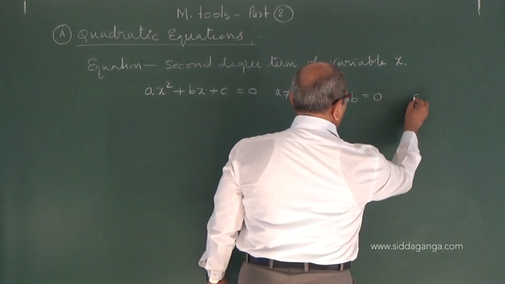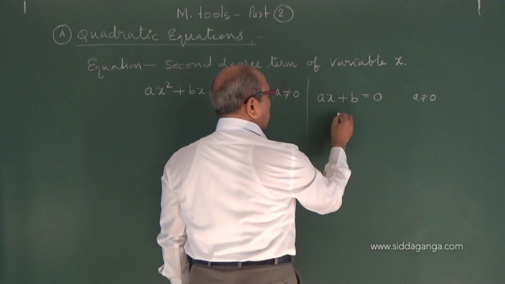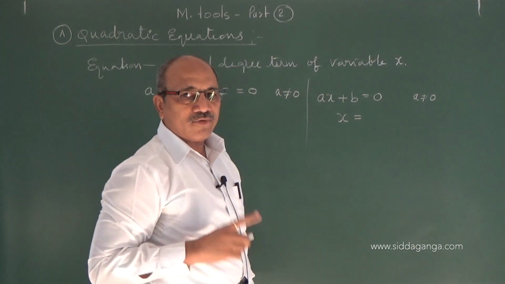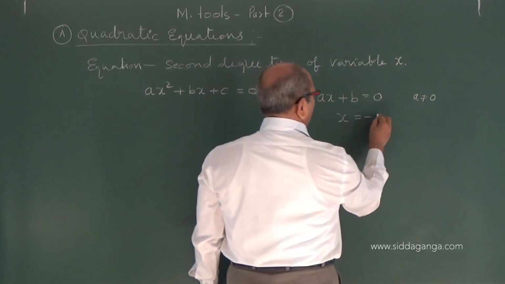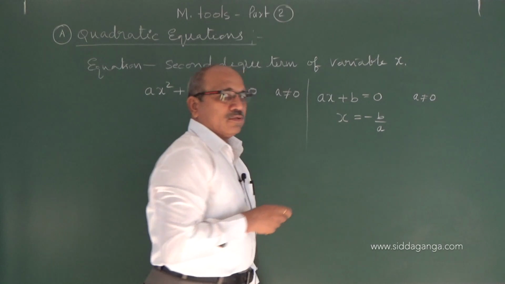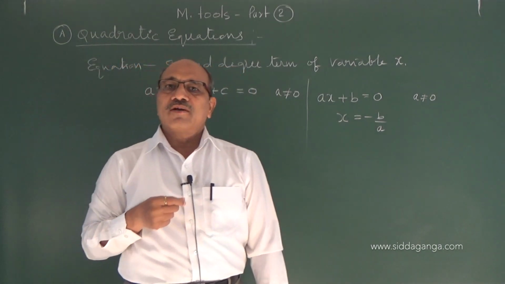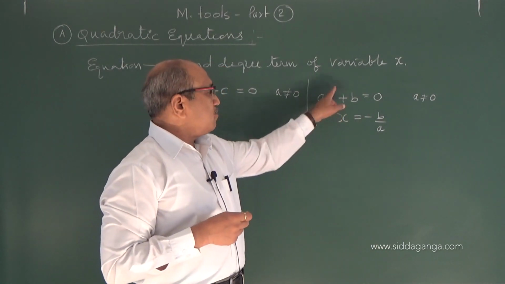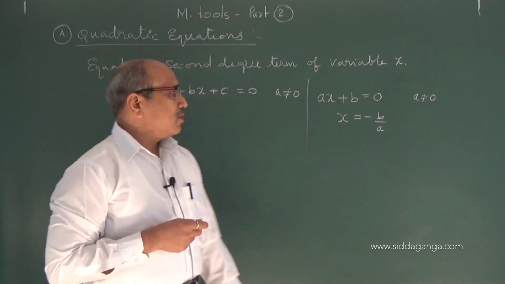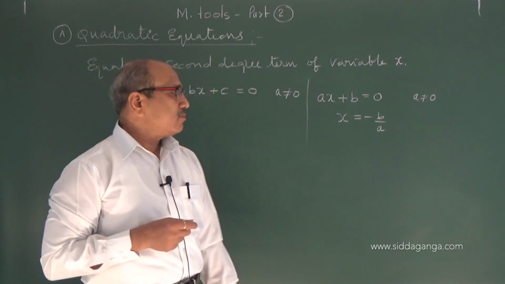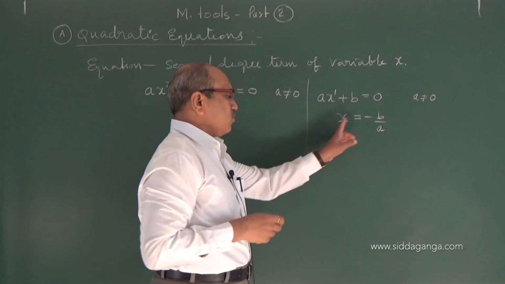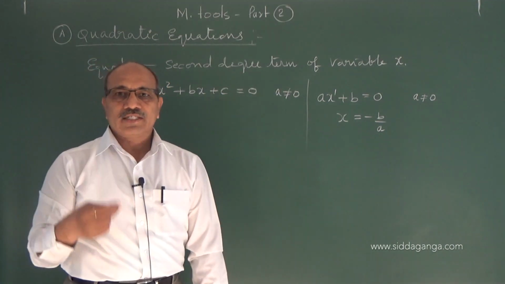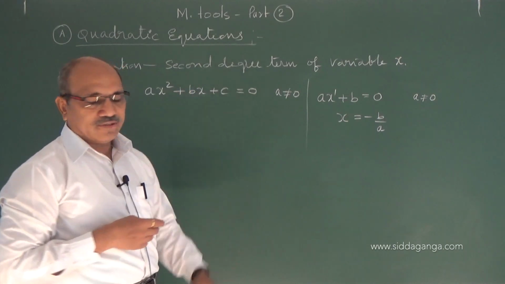Similarly here, a should not be 0, and you will get one unique value of x, equal to minus b by a. That in mathematics language we call a root of the equation. So the linear term, first degree term, x power 1, has 1 root. Now here it is x power 2, a second degree term, and it has 2 roots.